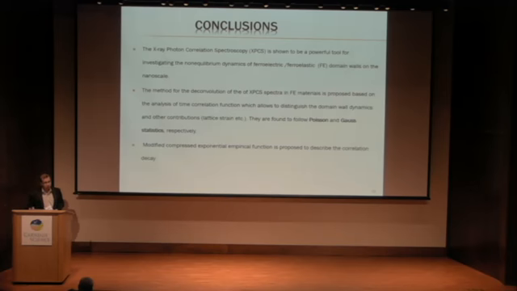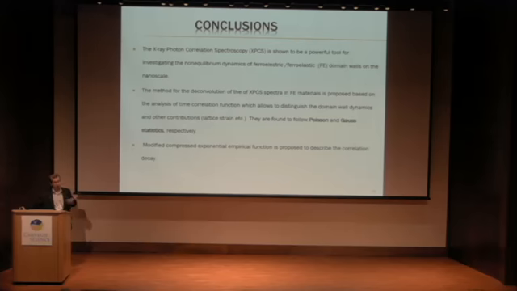Thus, in conclusion, we show that X-ray photon correlation spectroscopy can be a powerful tool to study non-equilibrium dynamics of ferroelastic domain walls, and we developed the method for how to treat this process and show how to distinguish the dynamics related to the motion of the domain walls.